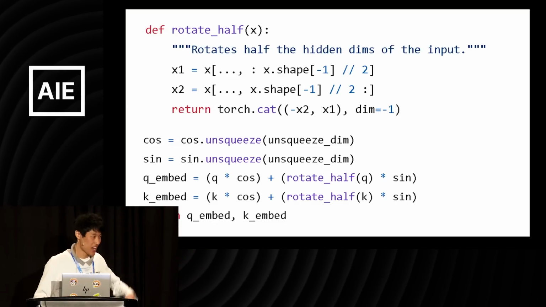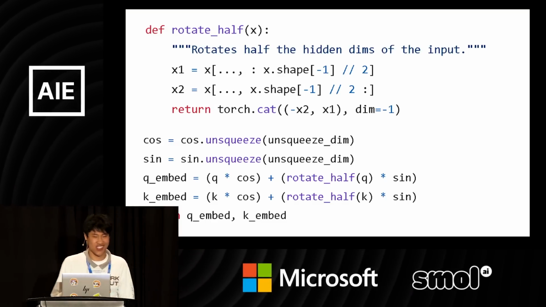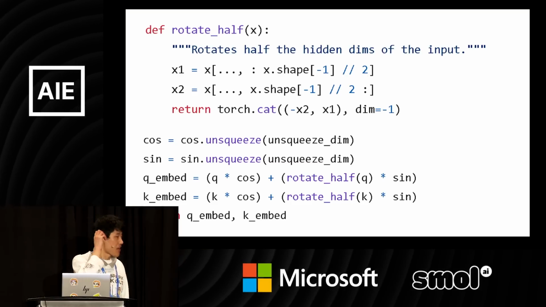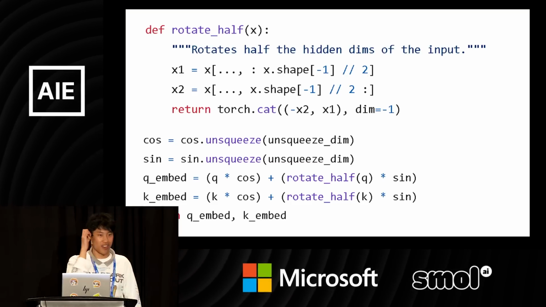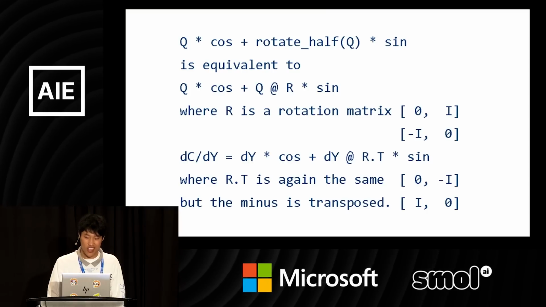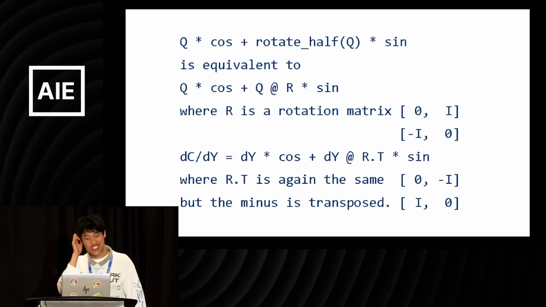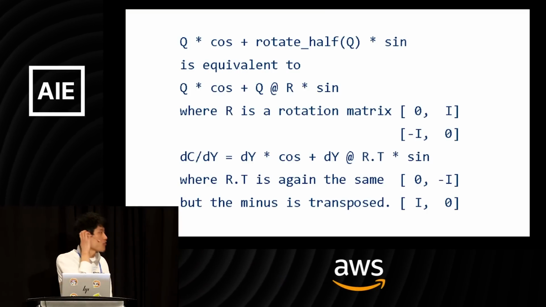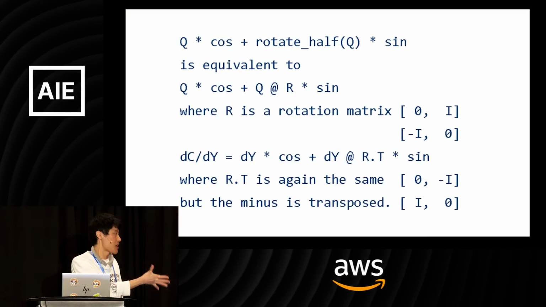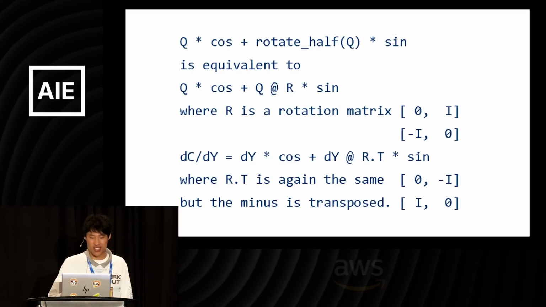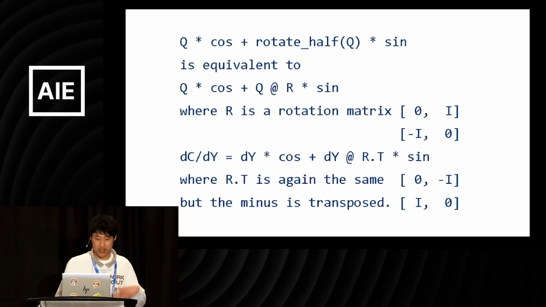The question is, how do we actually find the derivatives of this? This was actually very complicated because I could see many implementations not doing this correctly. And the derivative is very special. Simply, rotate half, the function, is literally a matrix multiplication, right? It's Q times R, where R is a rotation matrix.